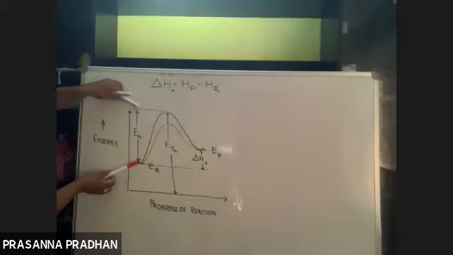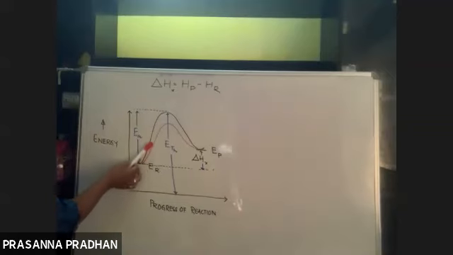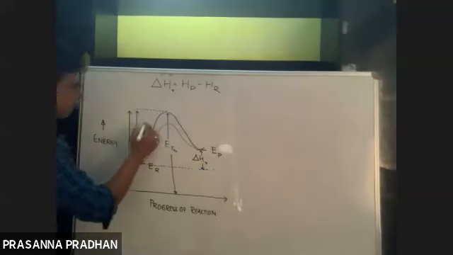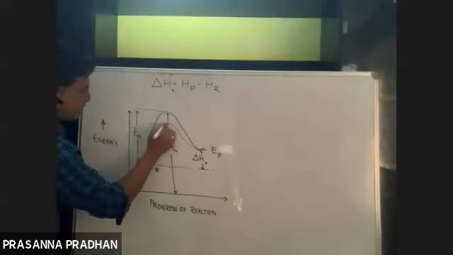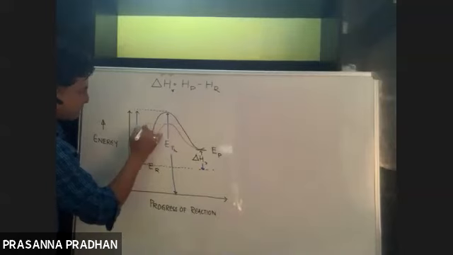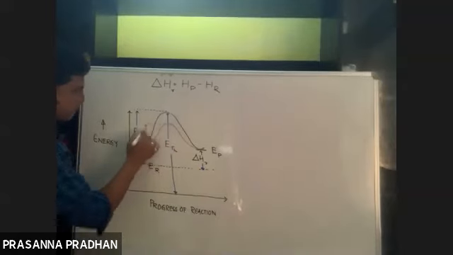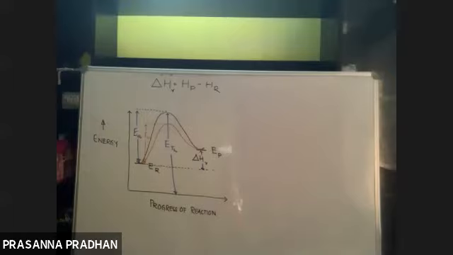In the absence of a catalyst, this was the activation energy required, but a catalyst provides a different route where the activation energy required is less. This is the activation energy required in the presence of a catalyst.